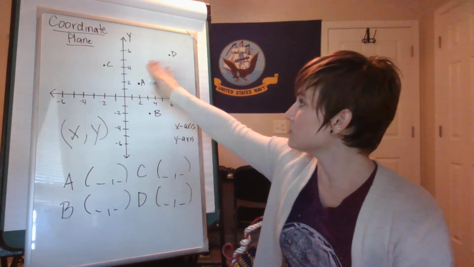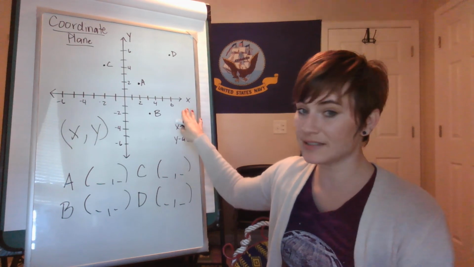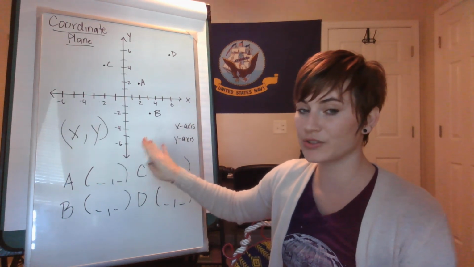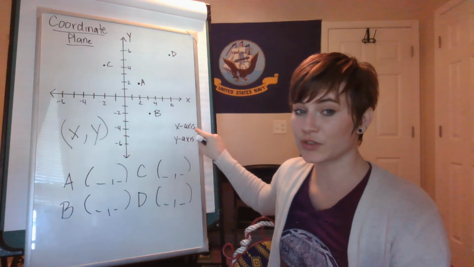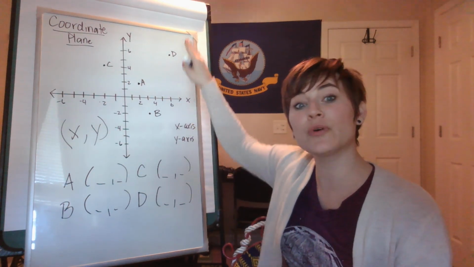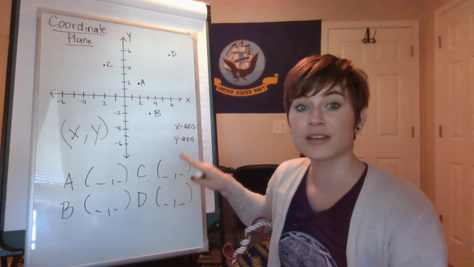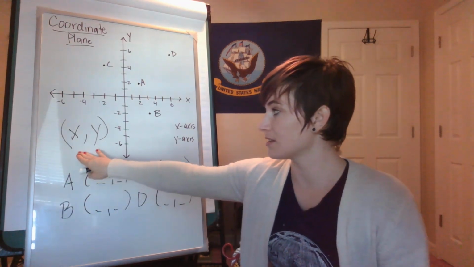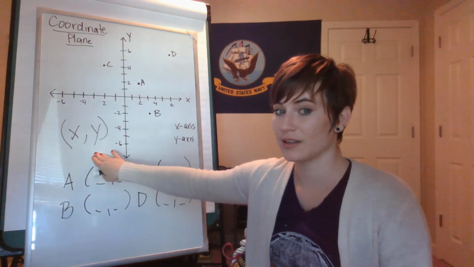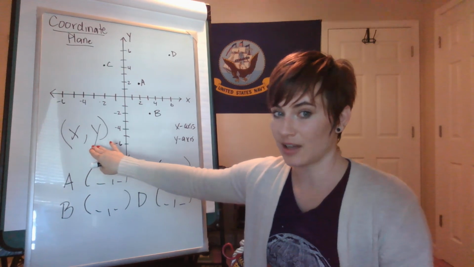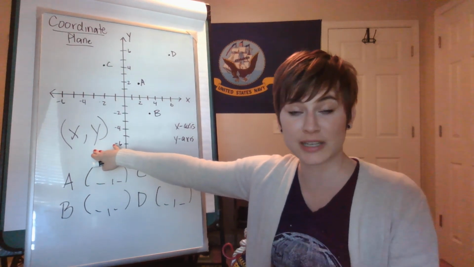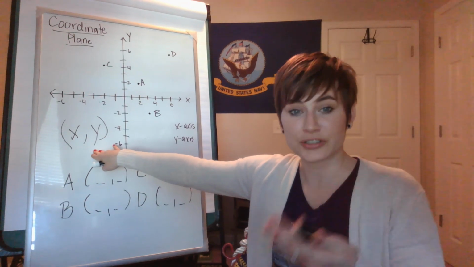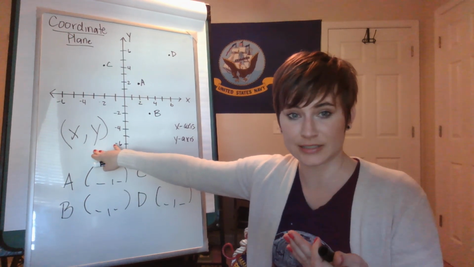So when you are looking for your coordinates, you go left or right, horizontal, first, then up or down, vertical, second. So x, then y. Left and right, up and down. It can get really complicated. This is another reason I'm making this video. You can watch it over and over again to help you.